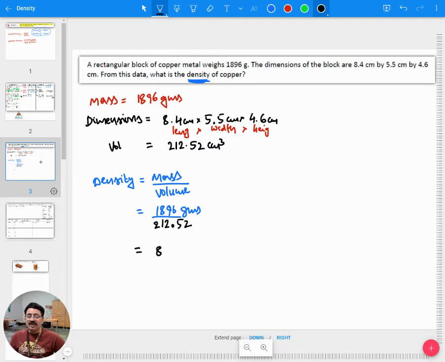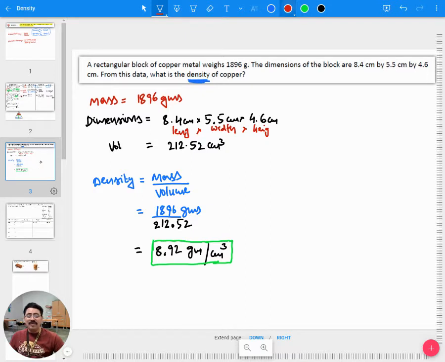So it is 8.92 grams per cubic centimeter. Though it is not mentioned in the question, I would like to add that. I see that the density of copper is 8.92.